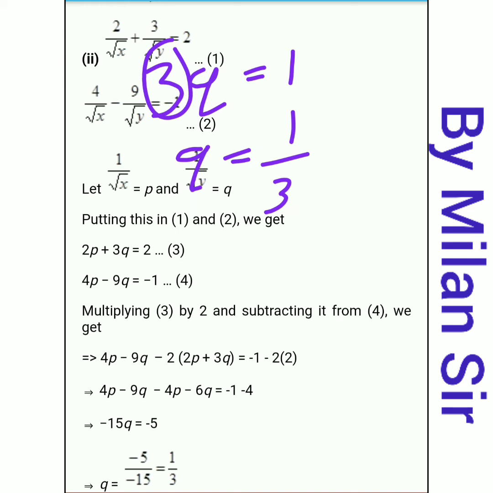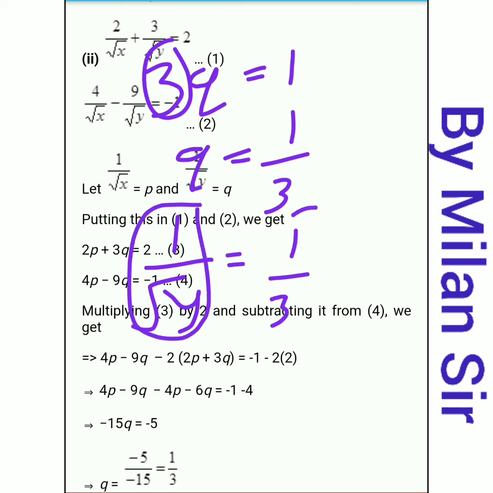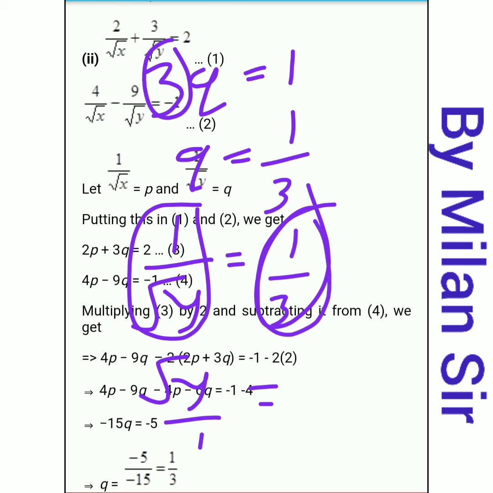Now we can put the value of q. Right, it is 1 upon under root y. So in place of q, we can put 1 upon under root y. Now again same thing, just change the numerator and denominator on both the sides. That means take inverse of both the sides. So here under root y goes to the numerator and 1 to the denominator. Here 1 by 3, so it becomes 3 by 1.